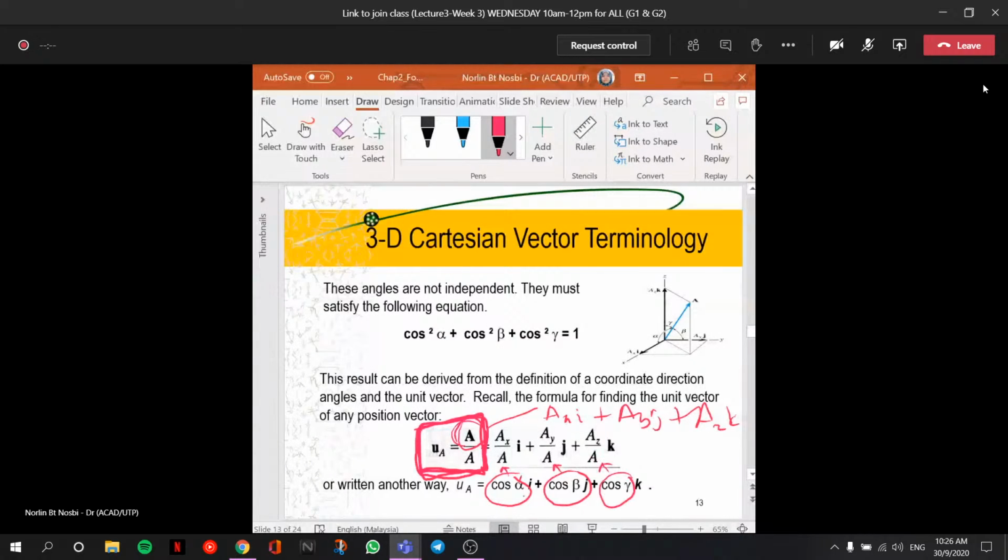How you are going to use this formula depends on the question. Sometimes they give you the angle, so you need to find the magnitude. Some questions just give you the magnitude, so you need to find the angle, which is the direction, and then you need to find the unit vector. That's why there are various ways to write the formula, because some information will not be given.